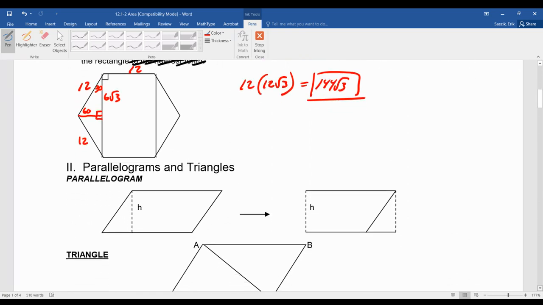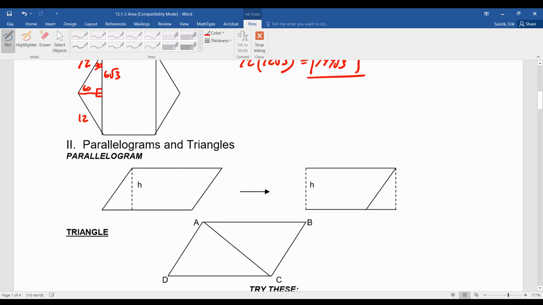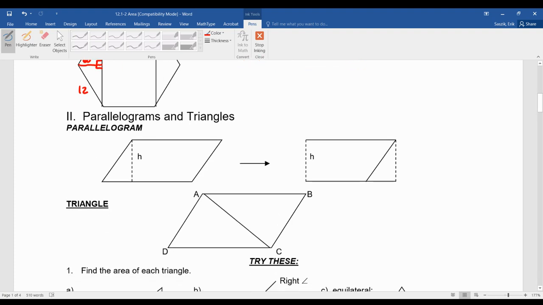All right, so parallelograms. We've talked about this briefly in class before we left a time or two. Remember, folks, the area of a parallelogram is just like the area of a rectangle. You can envision this triangle being cut off the edge of the parallelogram and then pasted onto the other side. And then you just create a rectangle.